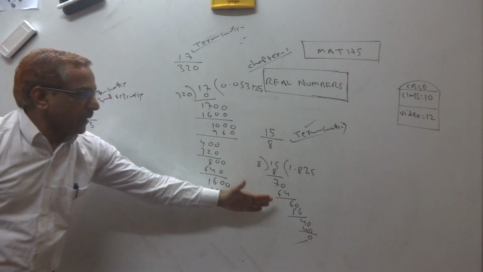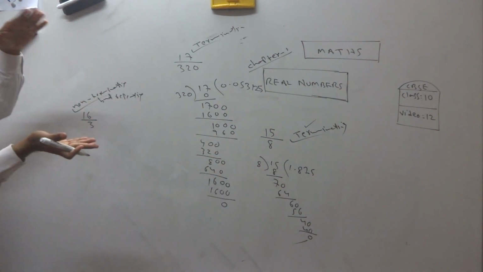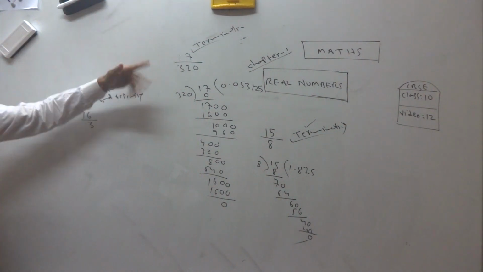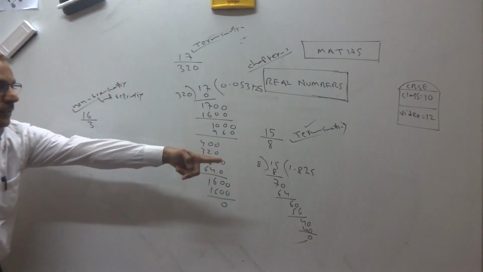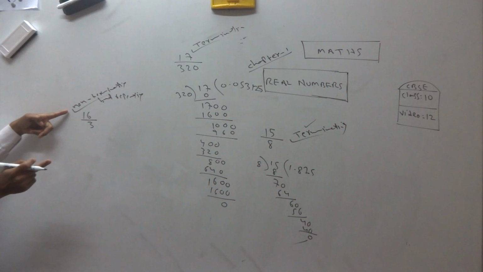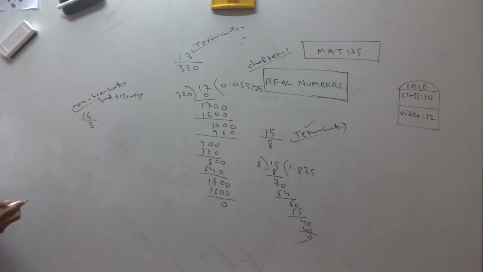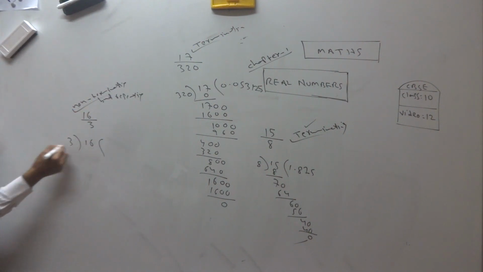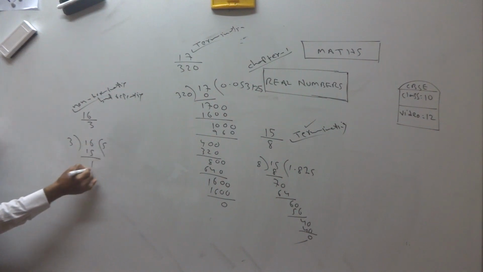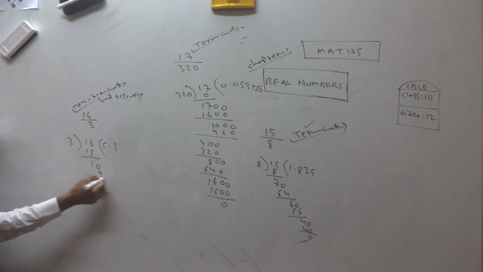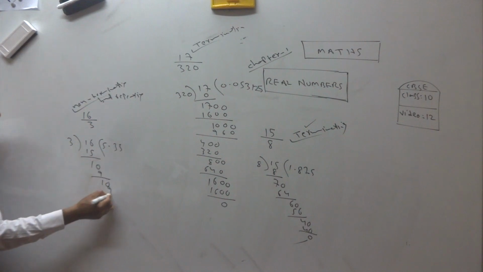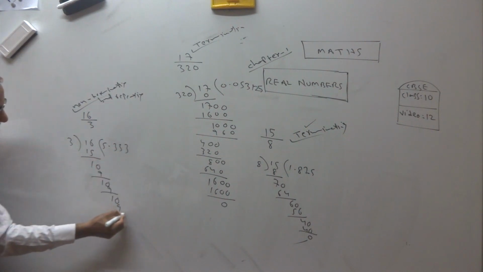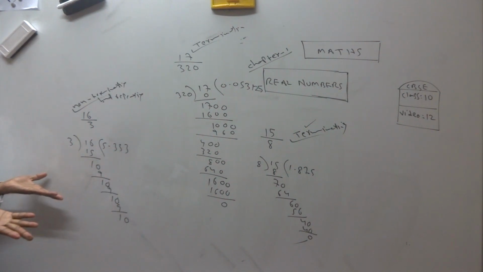So you can check now. What I said without dividing, I said before only. After dividing, you can check, it is terminating. This I said is non-terminating but repeating. 16 divided by 3. 3 5s are 15. 1 left, decimal 0. 3 3s are 9. 1 left, 0. 3 3s are 9. 1 left, 0. Never stops.